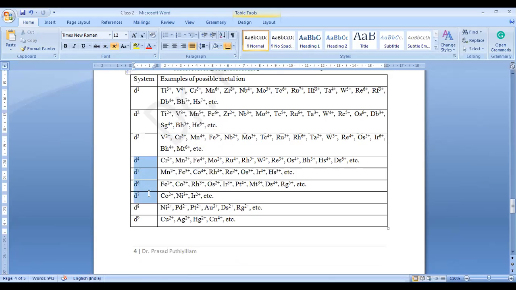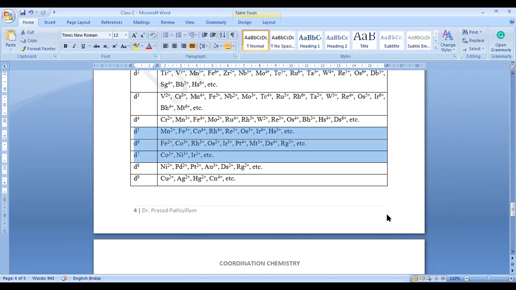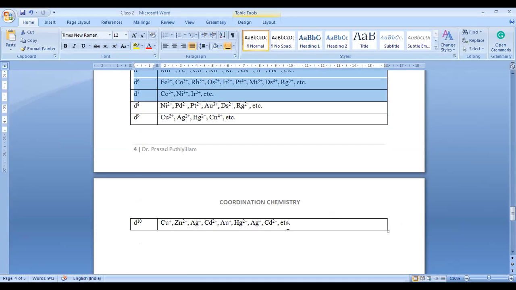The d4, d5, d6 and d7 systems are more related to the magnetic properties, in which d5, d6 and d7 are very important towards the magnetic property explanation, the quadrupole splitting and all. To explain that, it is very important to understand what the d5, d6 and d7 systems are. Okay, even d10 is also there.